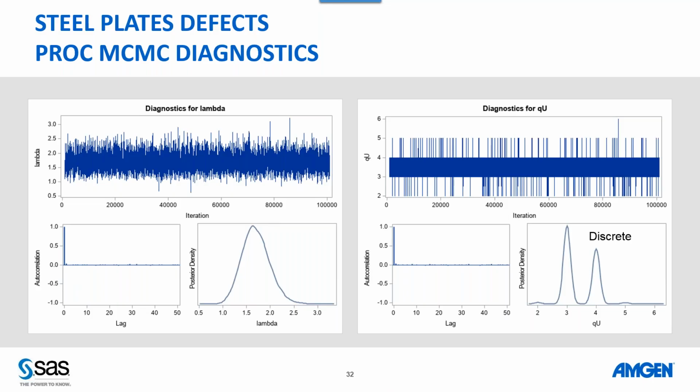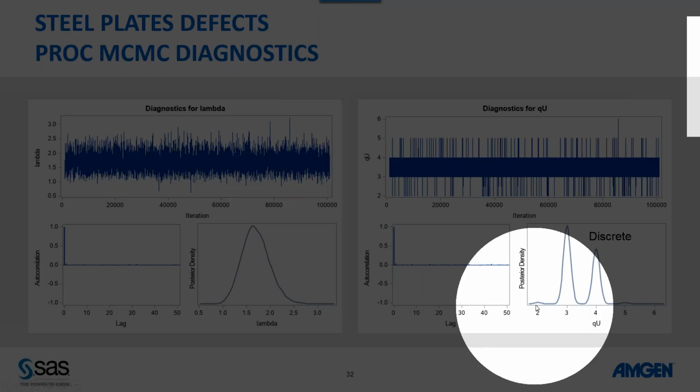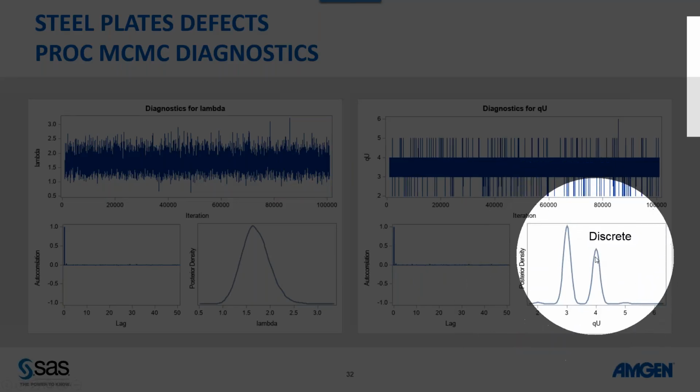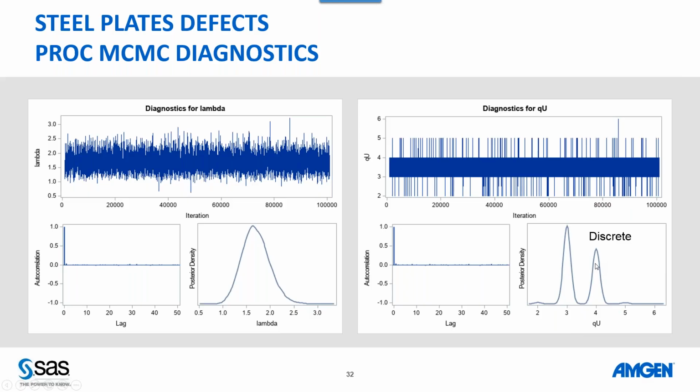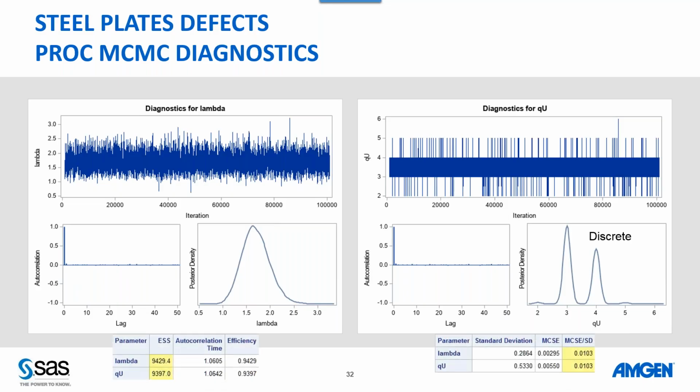Of course, since it's a transform, it's not part of a Markov chain per se. The Markov chain is on the lambda, so the trace plot and convergence diagnostic of the upper quantile isn't necessarily very informative to have. The density estimation and the counts is what matters. So the parameters of the likelihoods are what's estimated. That's the key thing, but we just want to show you that. And these are the effective sample sizes and the Monte Carlo standard error.